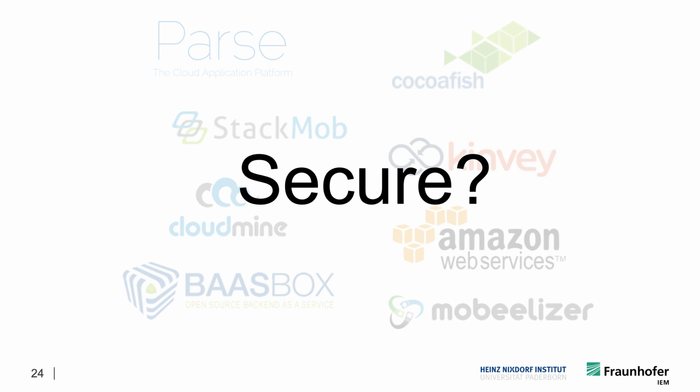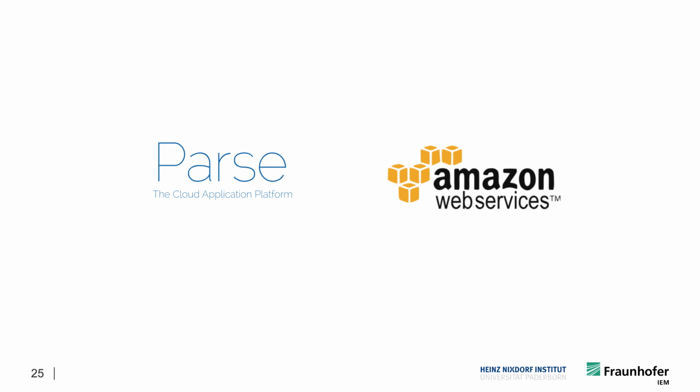The question then, of course, was when apps actually use these services, are they doing this in a secure fashion? And can we probably, using Harvester, figure out when they're not doing it securely? And back then we actually focused on the two most popular services at the time. So the service number one was really Parse, and the second most popular one was Amazon Web Services.